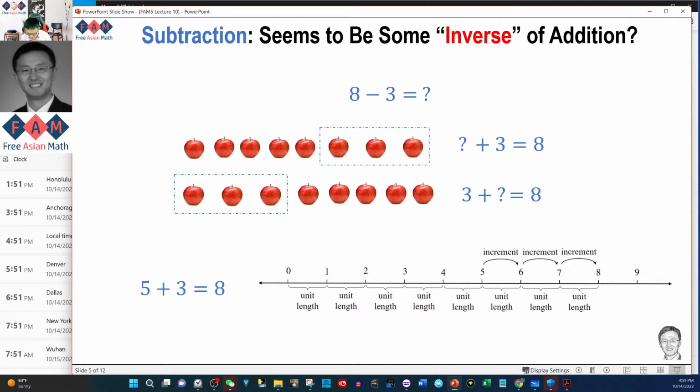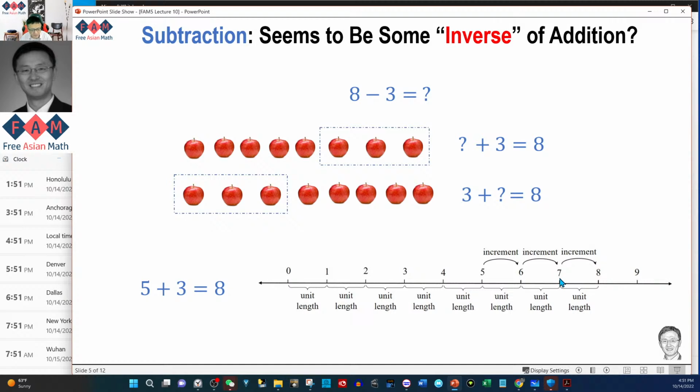If this is the inverse, what will happen? We remove 3 from 8. Then on this number line, the increment operation should get reversed. So it will be from 8 reduced by 1, a decrement. That will give us 7.